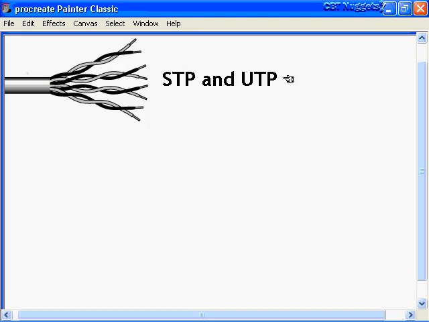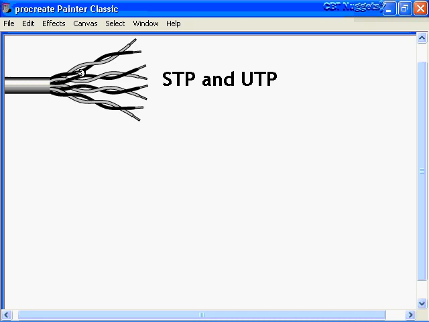Next, let's talk about twisted pair cabling, of which there are 2 major categories: STP, shielded twisted pair, and UTP, unshielded twisted pair. We'll talk about UTP first, but overall, the category of twisted pair cables are named this way because you've got pairs of wires that are twisted around one another.